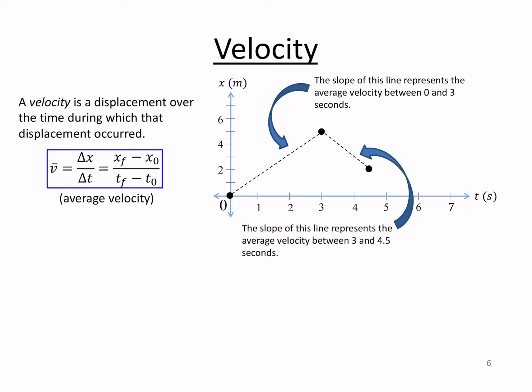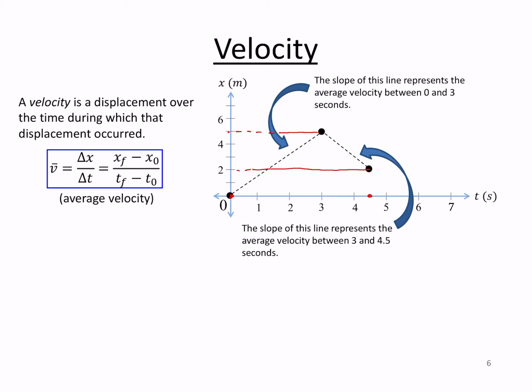So we go down to about 5-ish there, and then we come back to about 2 there. So first we go out 5, and then we come back 3, so from 5 to 2. And all of that is occurring over 4.5 seconds or so on the x-axis, if you look at those 2 points.